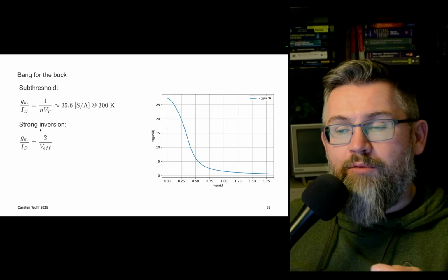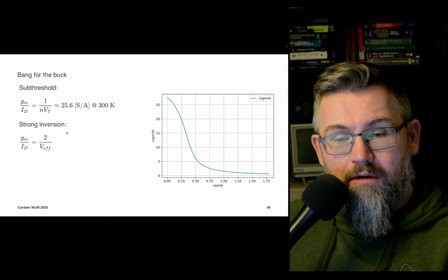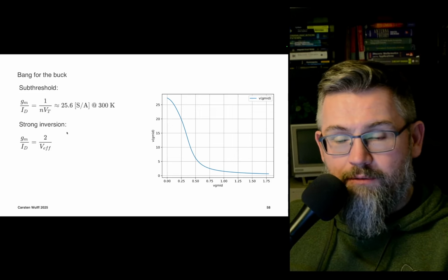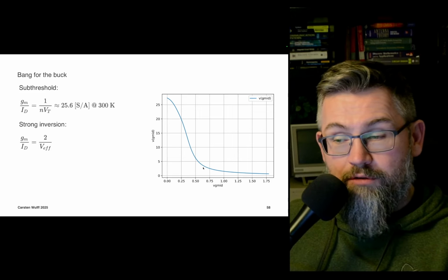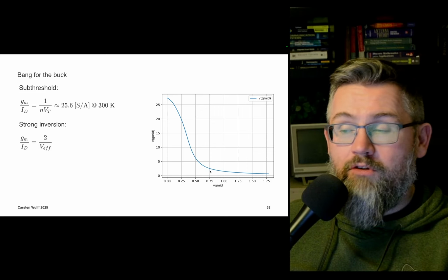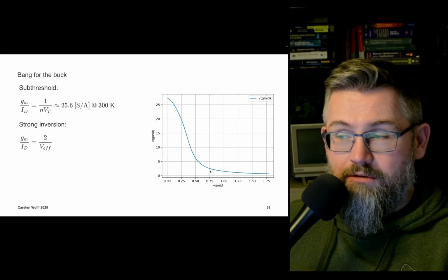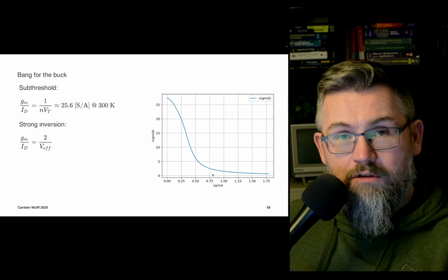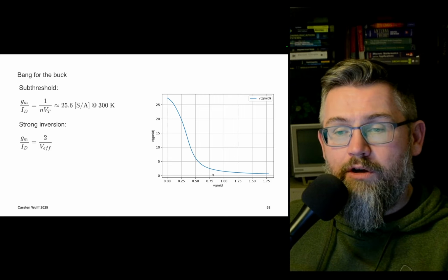While when we increase the current and keep the dimensions of the transistor, which is sort of increasing the gate source voltage and eventually increasing also the V effective, we can see that the bang for the buck reduces. So we get less transconductance for the current.